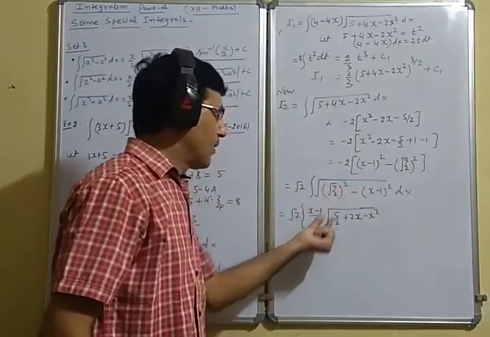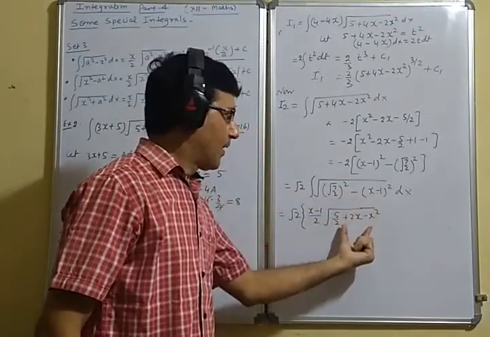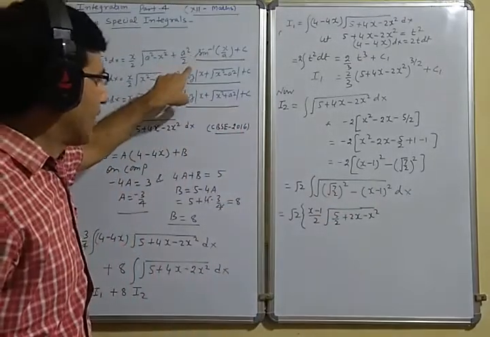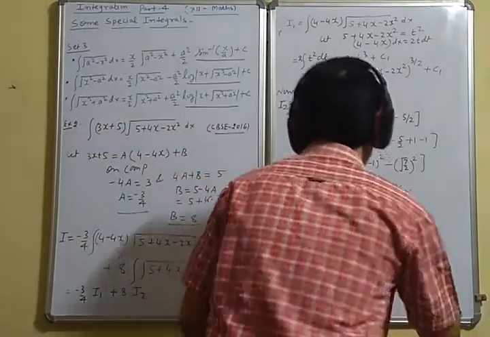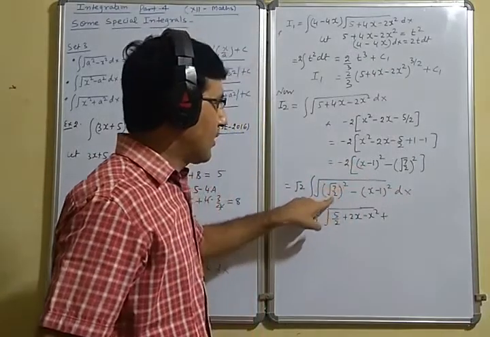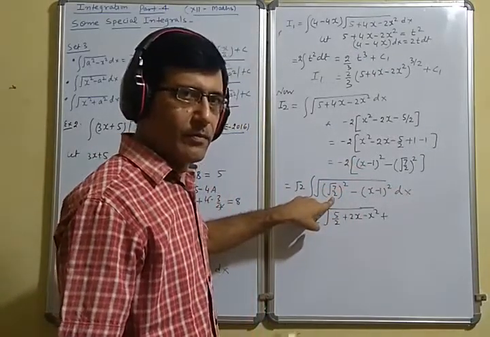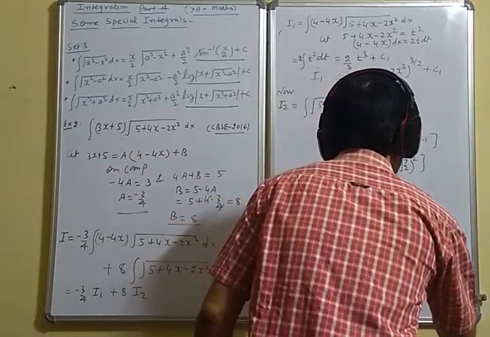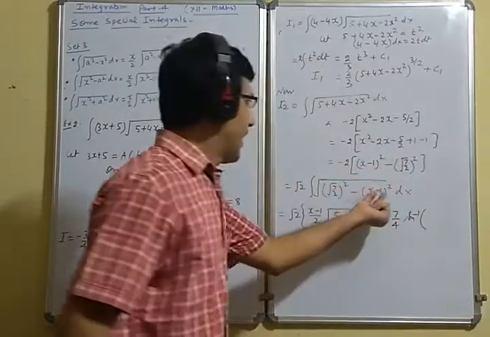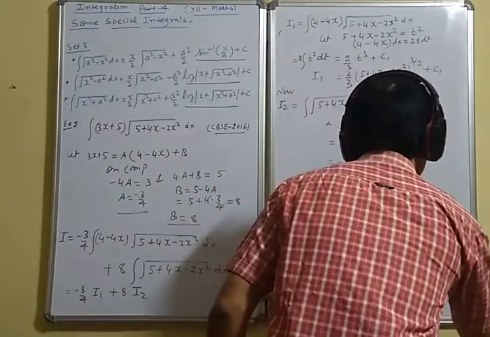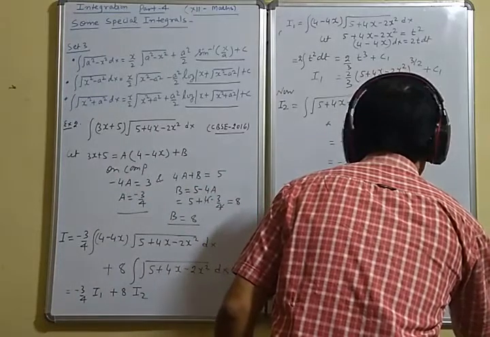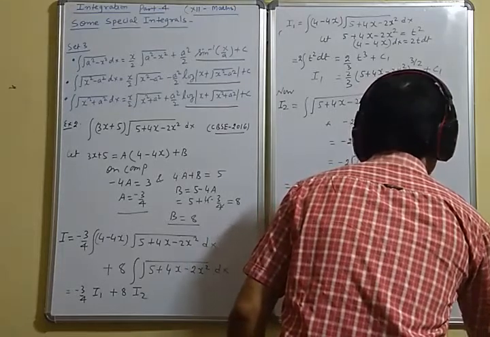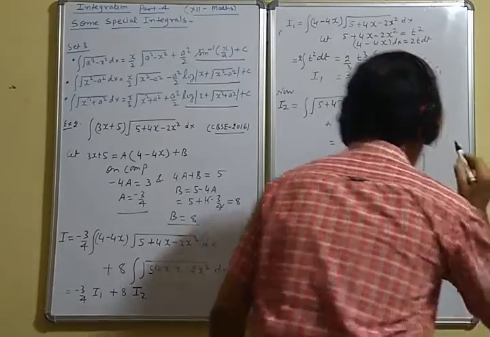So this is x by 2 times a square minus x square, that is this much, plus since a square is positive, it becomes a square by 2, that is 7 by 2 divided by 2, 7 by 4 sin inverse x by a. X by a means x minus 1 divided by root 7 by root 2, plus another constant c2.